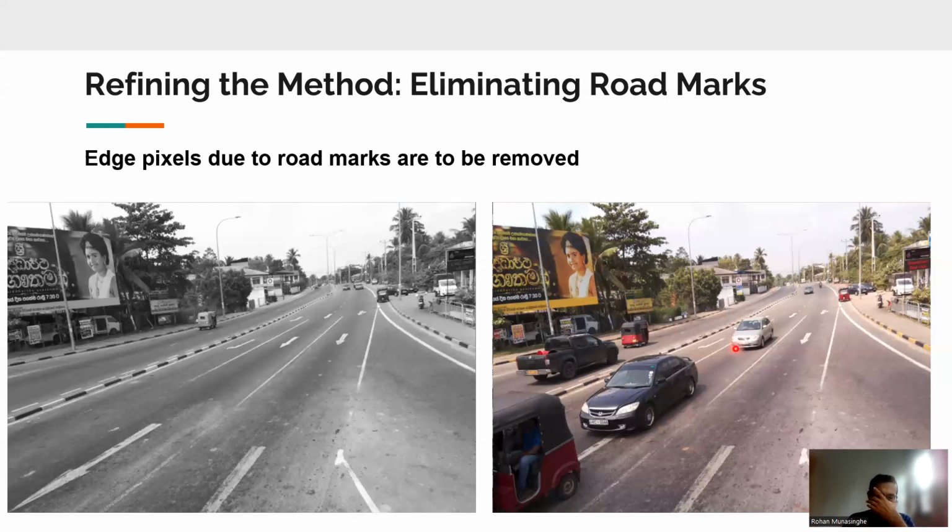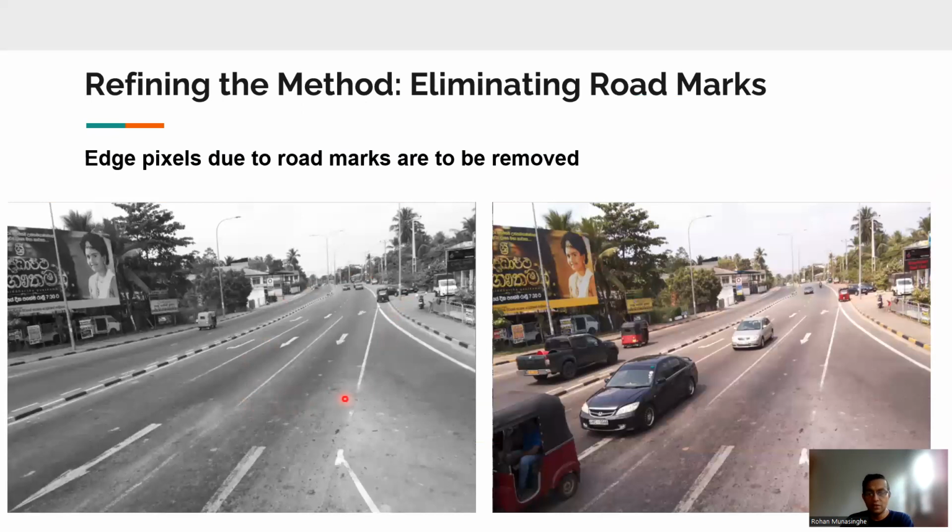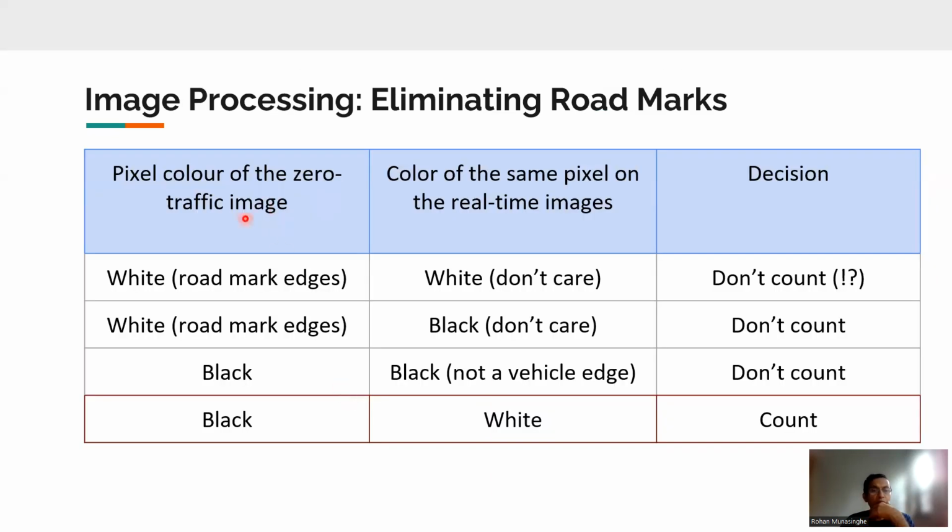So the easy fix is to get rid of these parasitic edges coming from the road marks, rather than from the vehicles, by having some sort of filtering like this. You have the pixel color of the zero traffic image. This is the zero traffic image on the left, a reference frame. You take any pixel in that image.